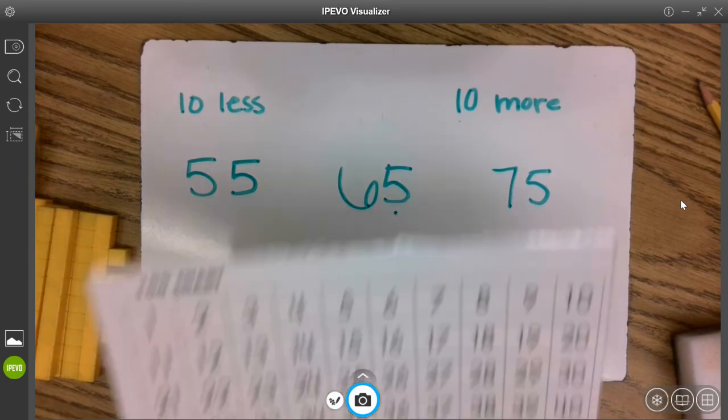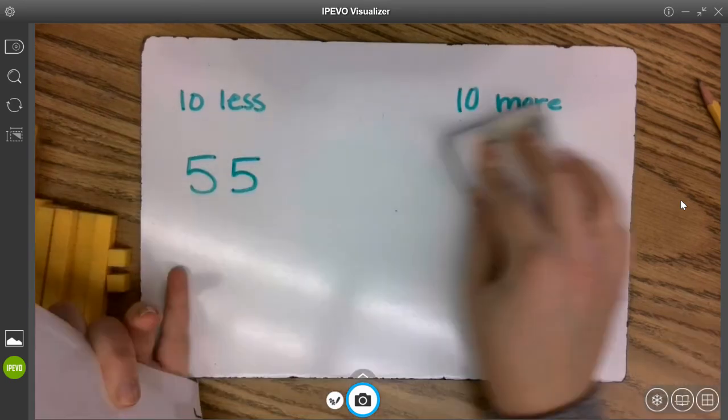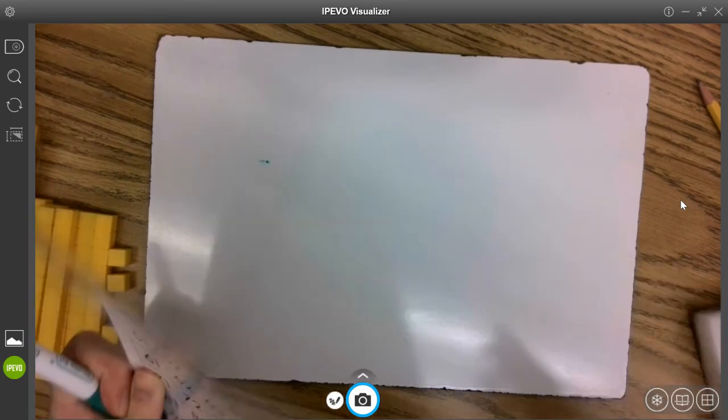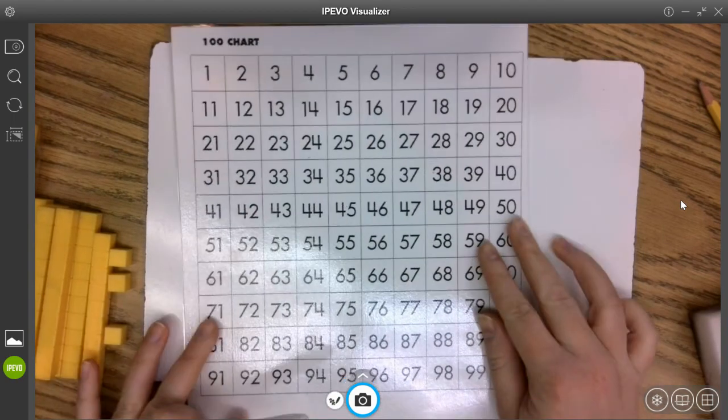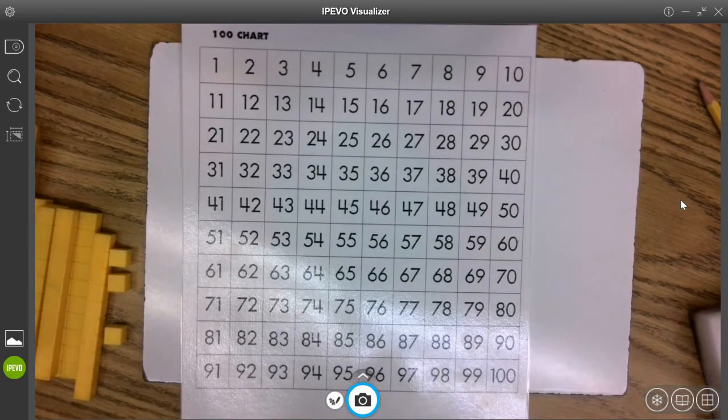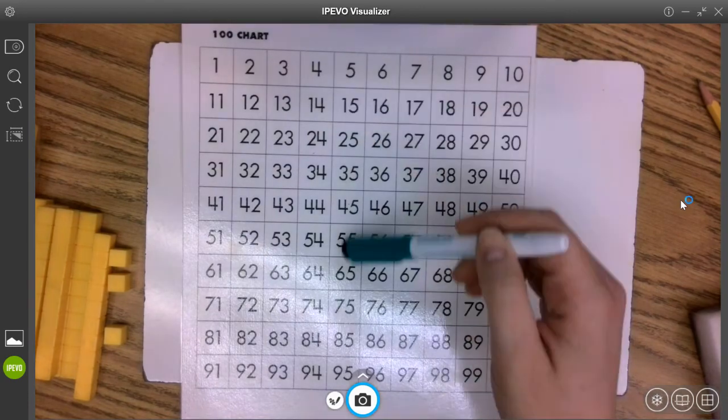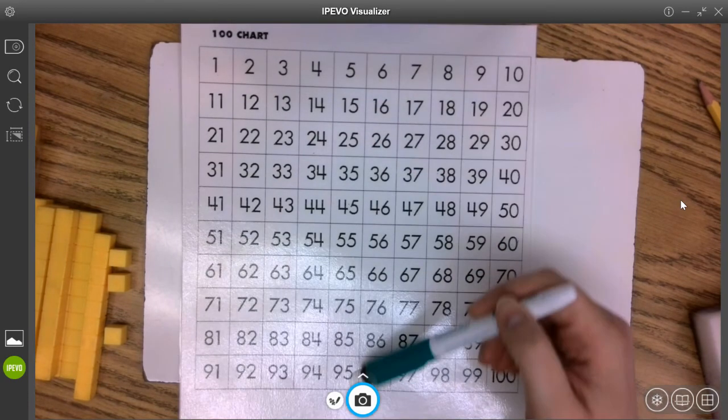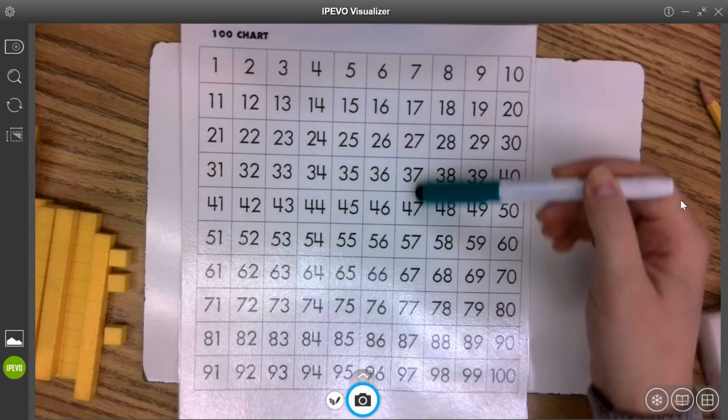Now you should all have your hundreds chart. And when you're looking at a hundreds chart, remember counting by tens is when we go up and down. Up and down is counting by tens.